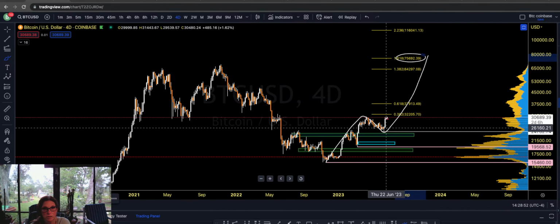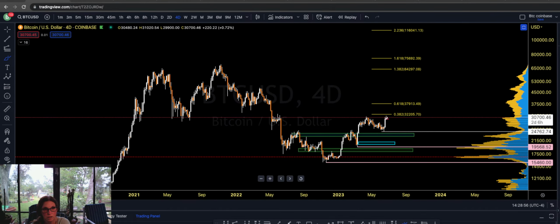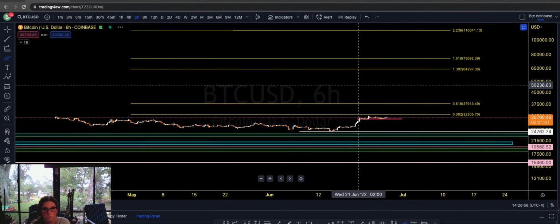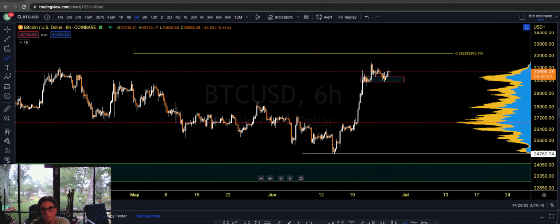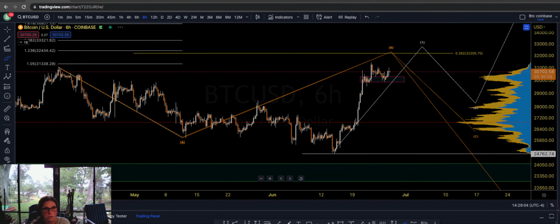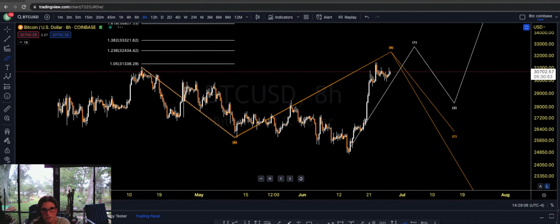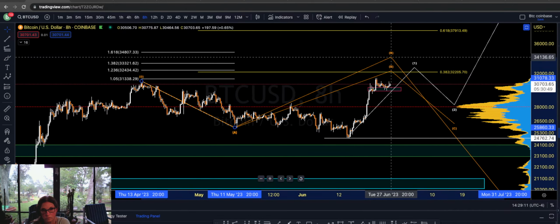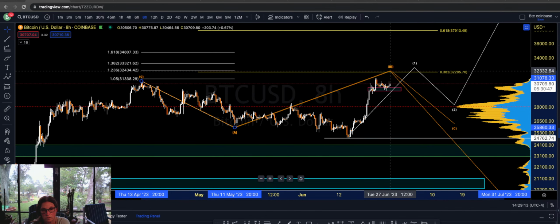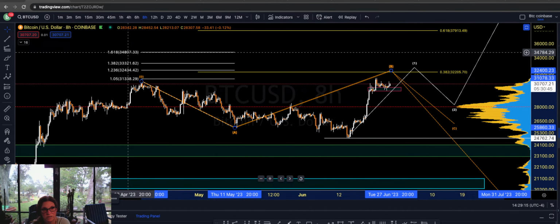Demi, the invalidation, let me talk about that because I didn't. Thank you for reminding me. Put that back on. The invalidation for this B wave happening is going to be if we take out this 1.618. Really, we don't even want to tap it.